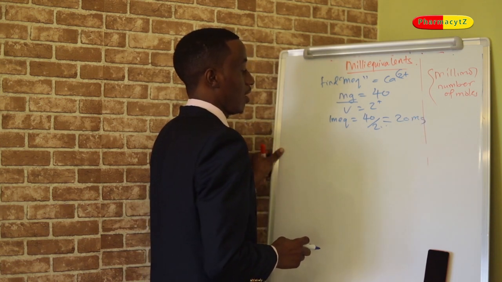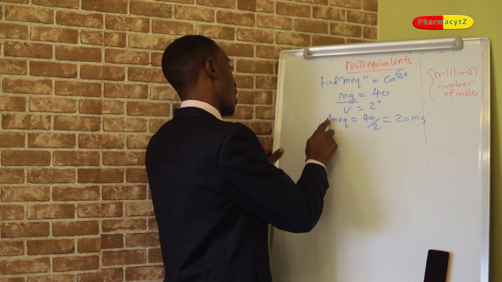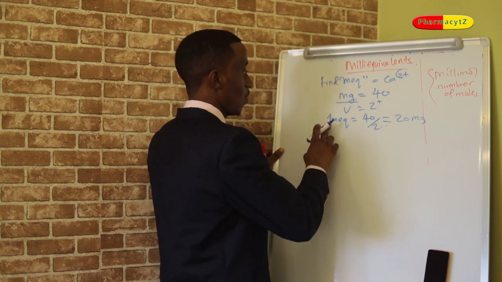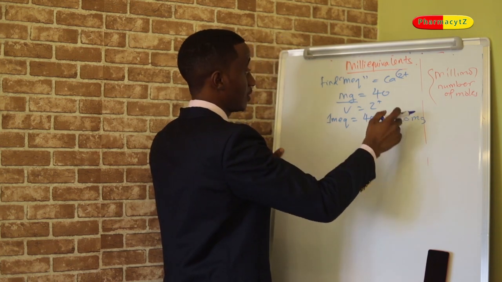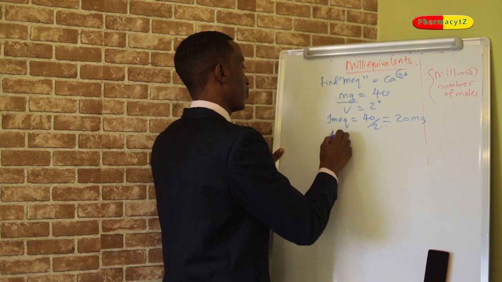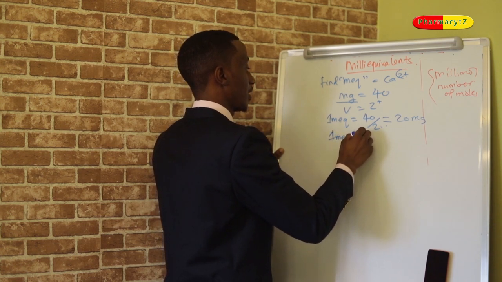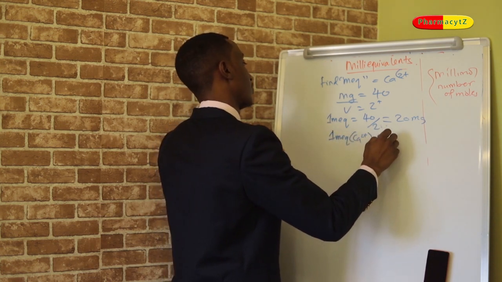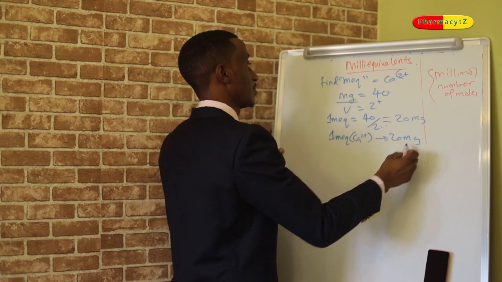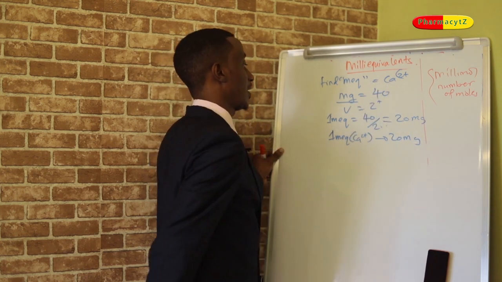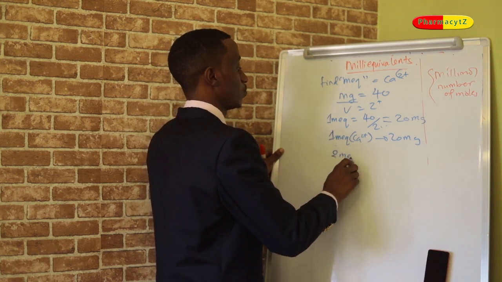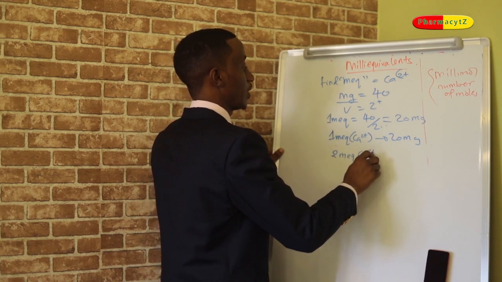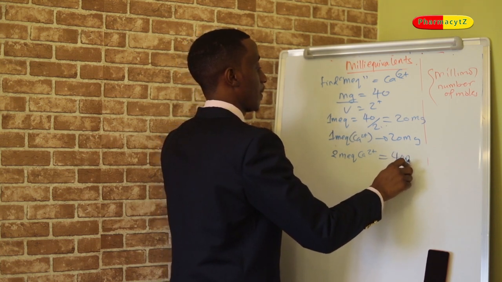All right, so here, 1 milliequivalent of calcium can provide 20 milligrams, meaning that 40 milligrams are going to be provided by 2 MEQ. 2 MEQ of calcium will give you 40 milligrams.